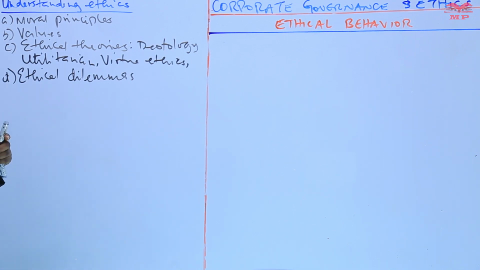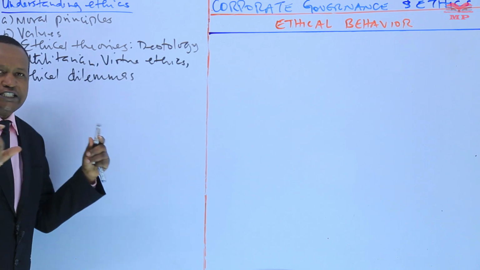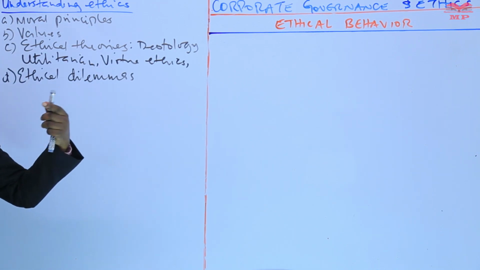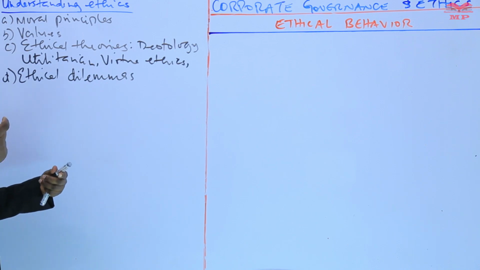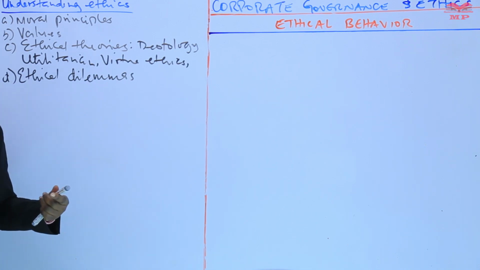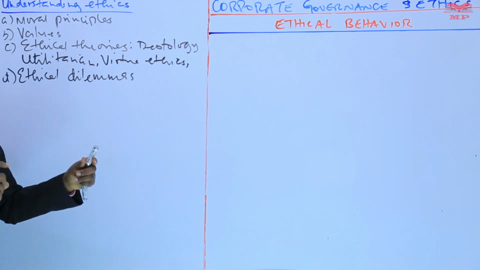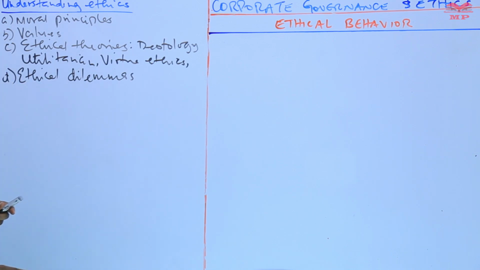When you have different moral principles conflicting with each other, making it difficult to determine the right course of action, then we say an individual is facing an ethical dilemma. So resolving ethical dilemmas often requires careful consideration of the various options and their potential consequences. So to understand ethics, one has to have knowledge of ethical dilemmas.